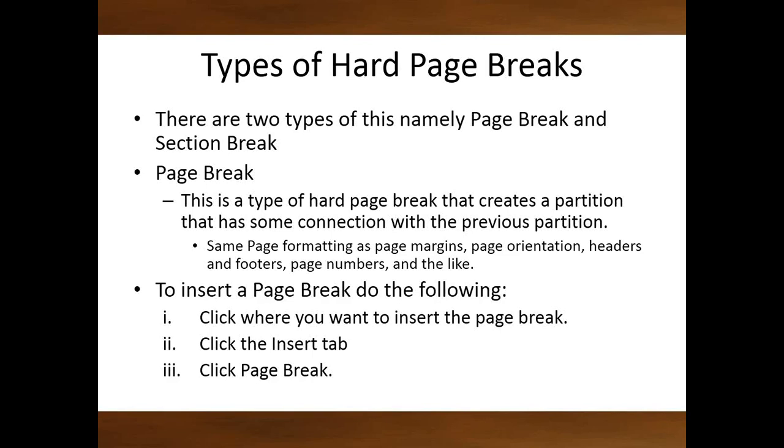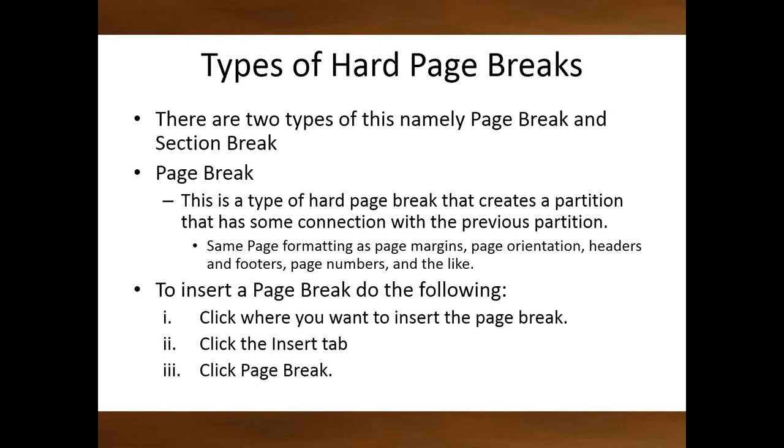And you've learned some of the page formatting already, such as page margins, page orientations, headers and footers, and page numbering. All these formats will also be applied to all the sections, all the segments that you have created.